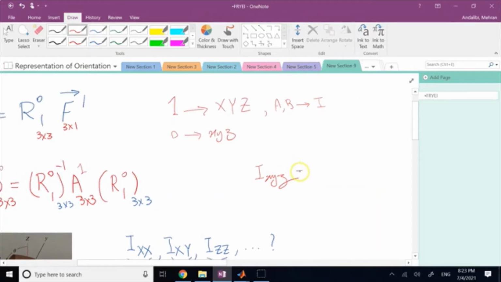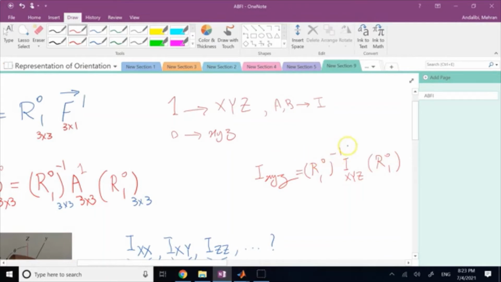Well, all you need is to multiply R10 inverse times I in the inertial frame, and multiply it by R10.